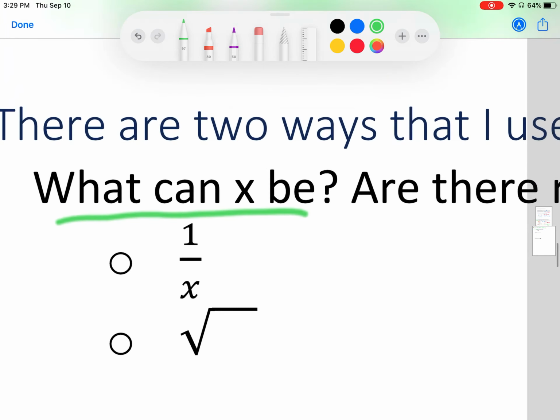There's two common things that leads us to restriction. One of them is a fraction. What can this number on the bottom never be? Well, if it's 0, it would be undefined. So we never want it to equal 0.